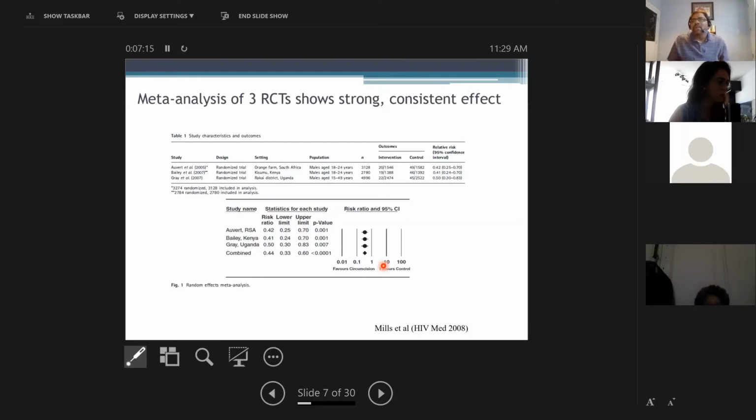There is virtually no variability. Every single trial showed a similar protective effect. And you combine all of them, you get a 60% protection due to male circumcision for reducing HIV, right? Very, very clear-cut, consistent, homogeneous results, no heterogeneity across studies. You get a slam dunk result that male circumcision is a useful intervention.